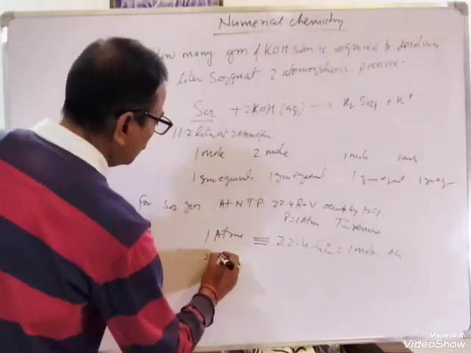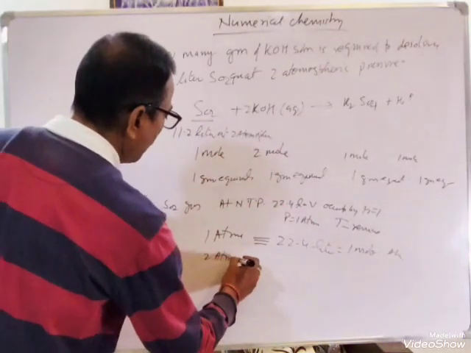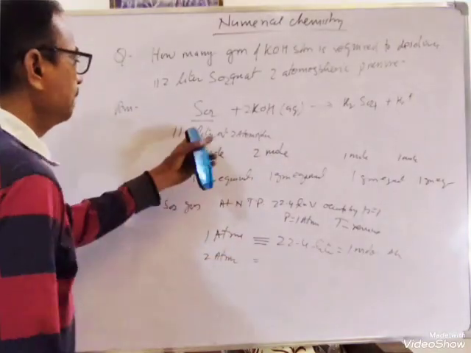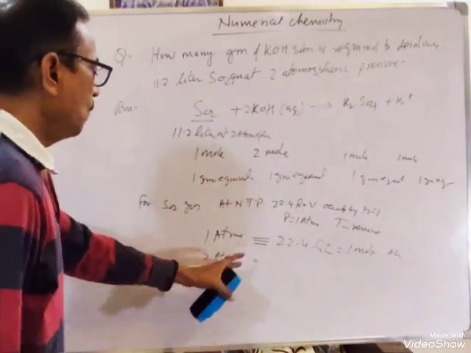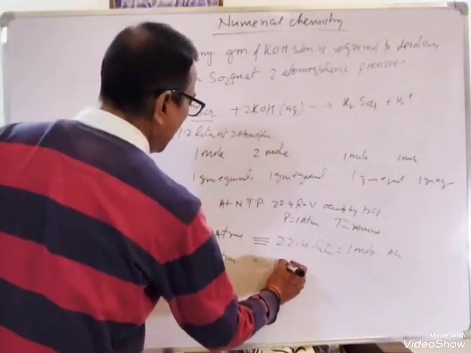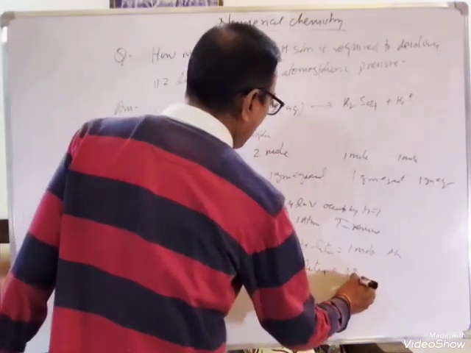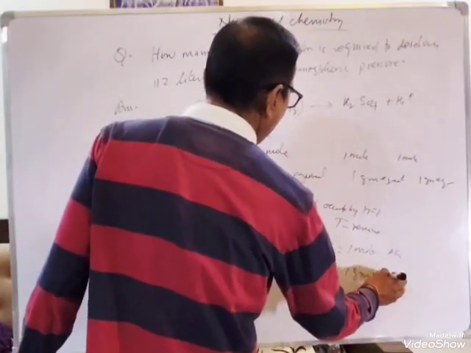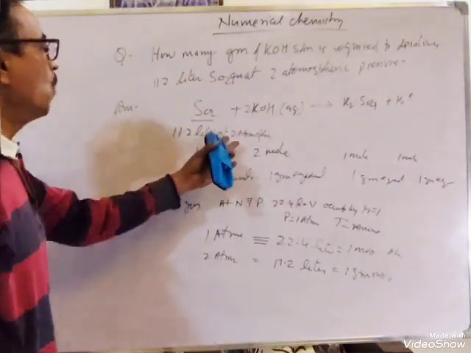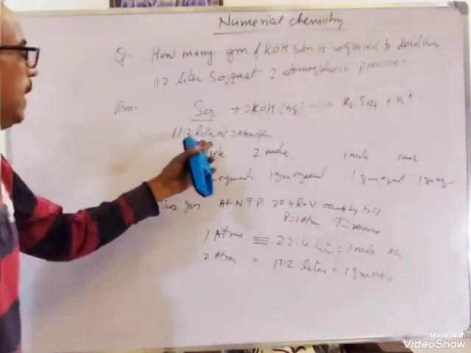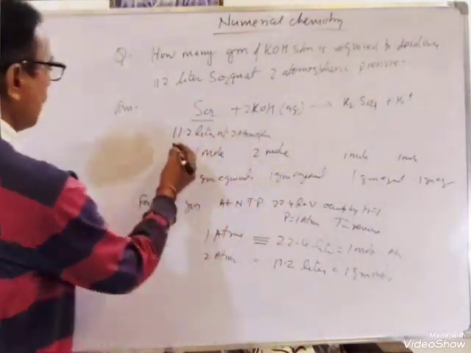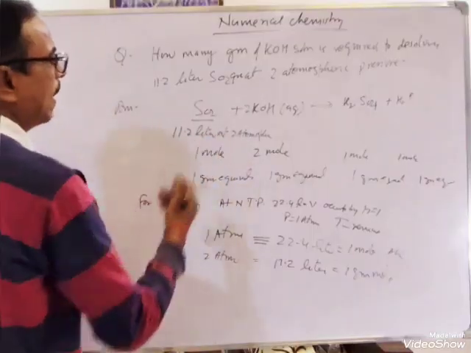So at 2 atmosphere pressure, the volume is reduced to 11.2 liter, which is 1 gram mole. So the mole is 1 gram mole. You can say 1 gram mole of this.